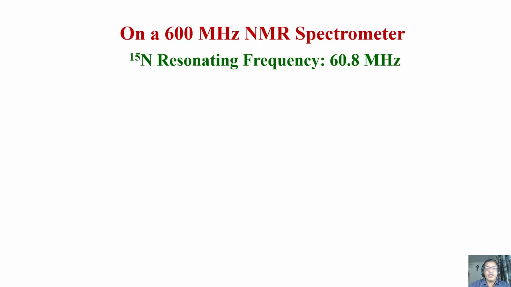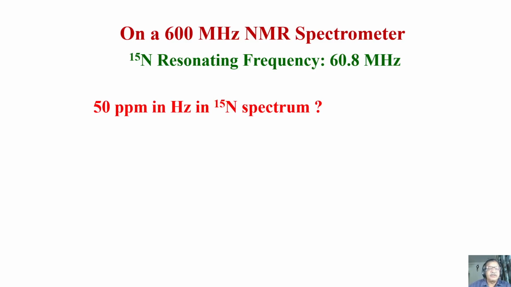Let us say on a 600 MHz NMR spectrometer, 15N is resonating at 60.8 MHz. That is true, right? We are looking at a 600 MHz spectrometer. Gamma of nitrogen 15, as I have been telling you, is nearly 10 times smaller. So its resonating frequency is 60.8 MHz.